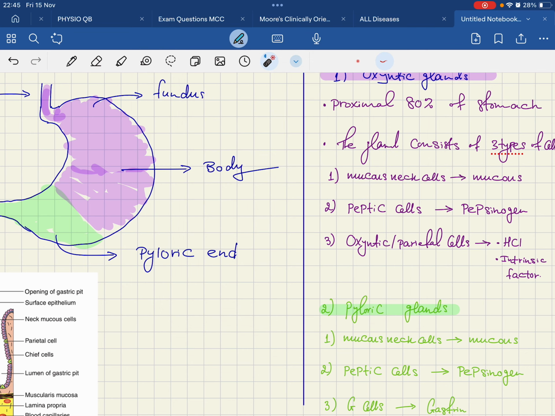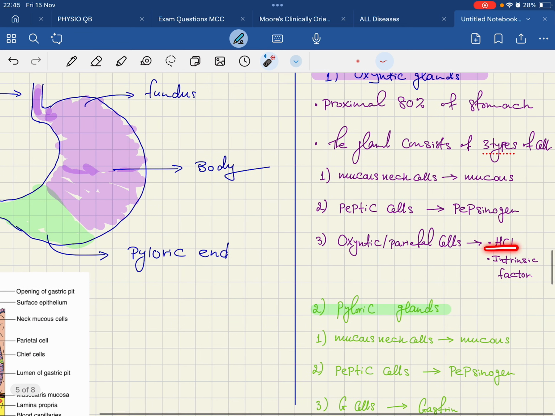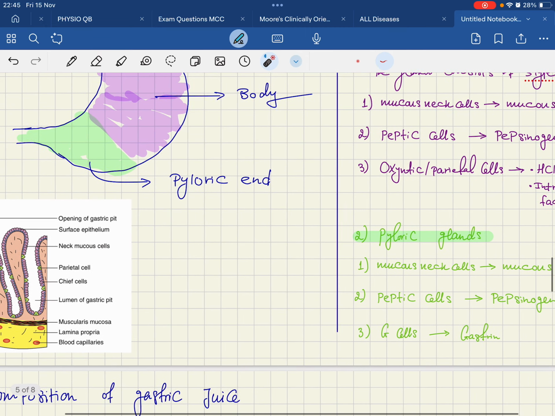Firstly, you will have mucous neck cells which form mucus, and then you have peptic cells which form pepsinogen, and then oxyntic, or more commonly known as parietal cells, which form HCl and intrinsic factor. So keep this in mind. We are going to discuss this more later.